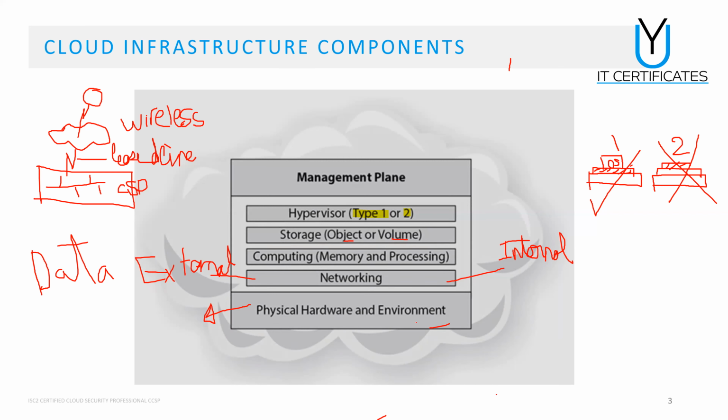When we say environment, this means it will cover the AC, the power, the humidity control, and so on. And when we say the physical hardware, this will cover the cabinets, the cabling, the false ceiling, the raised floors, and so on.